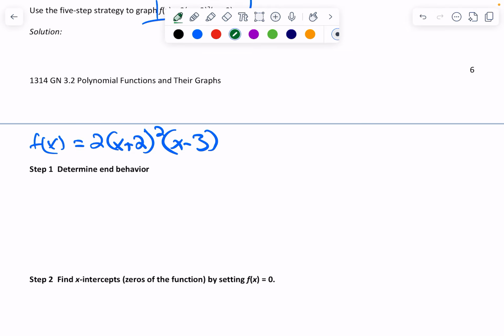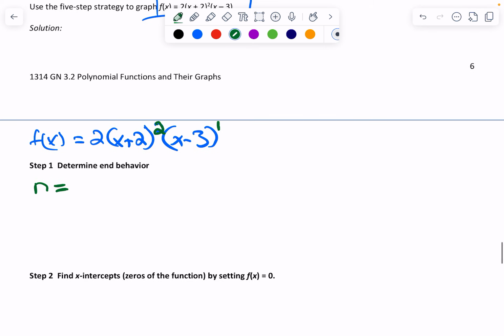So we're going to look at the degree. Notice that there's a 2 here, and this has a 1, even though it's not written as 1. There's no number, so it is an understood 1. So our degree is going to be 2 plus 1, which is 3.